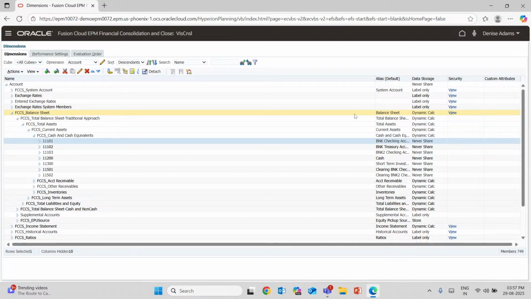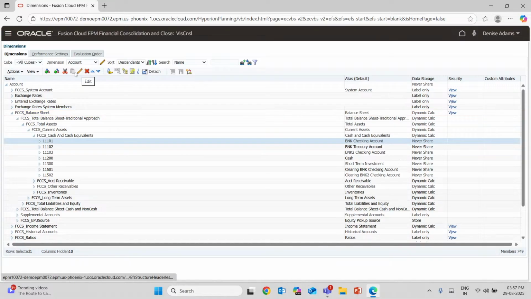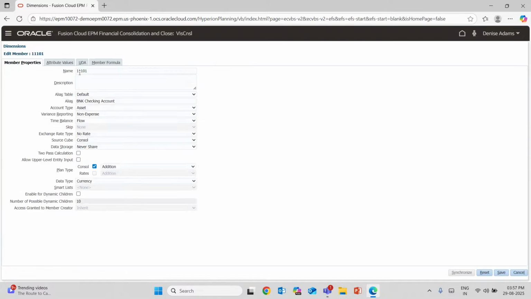To add a member, we have to click this pencil icon, the edit icon. First we provide the name, then the description is optional, then there is the alias table, so that we can select the alias name.